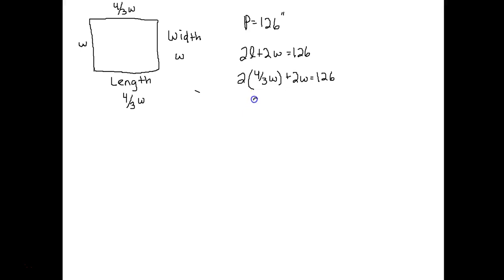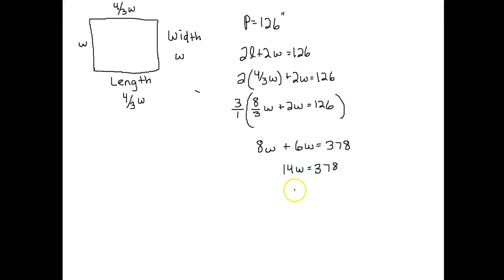So I've got 8/3 W plus 2W equals 126. And at this point, I don't like fractions, so I'm going to multiply the entire equation through by 3, and that'll get rid of my fraction for me. Combine like terms, I get 14W equals 378.